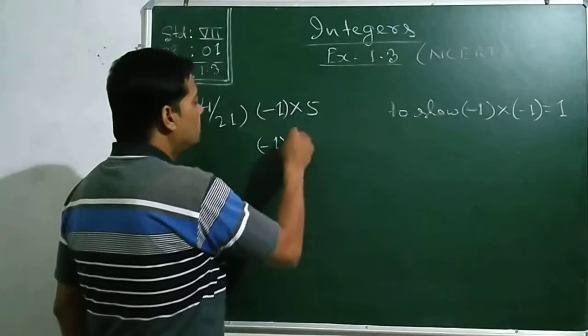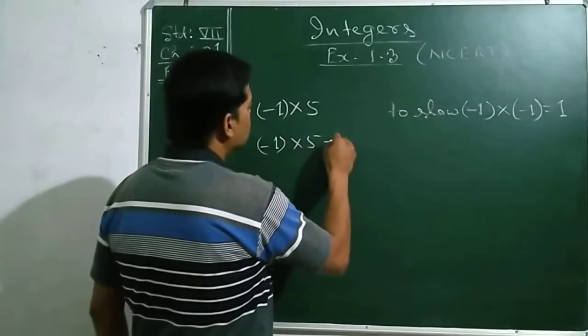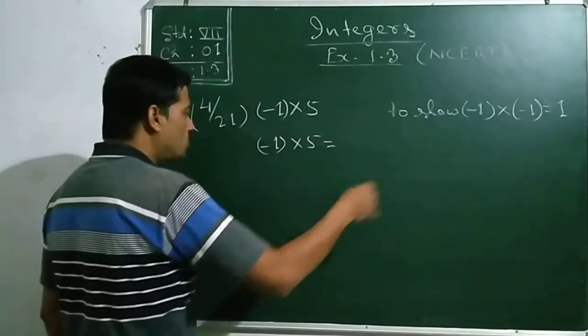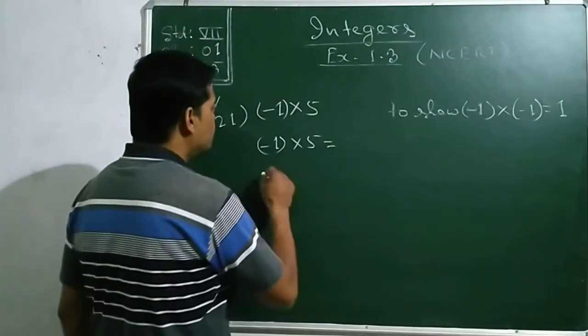Minus 1 into 5, what should it be equal to? Later on we will find. Let us find another step.